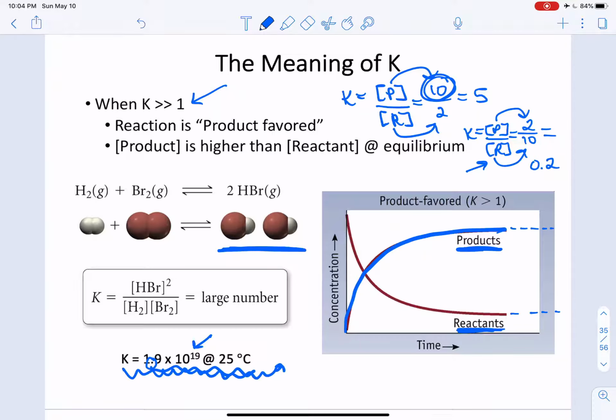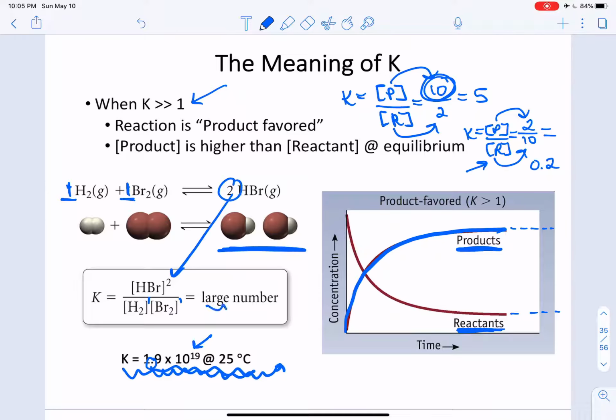So if we were to write out the equilibrium constant expression for this reaction, we would see the HBr squared appearing up here, and our concentration of our hydrogen gas and our bromine gas would both have exponents of 1 because the coefficients in the balanced equation are 1.